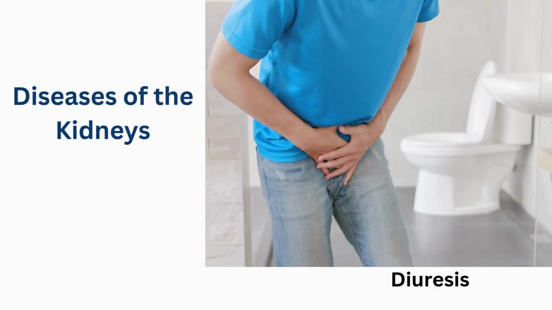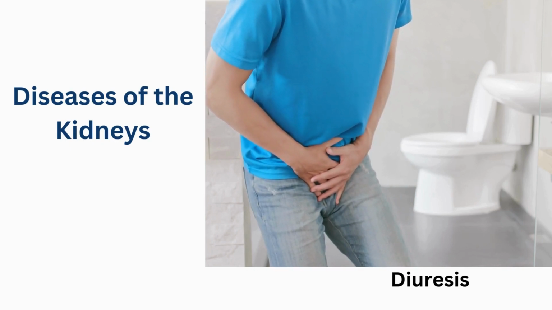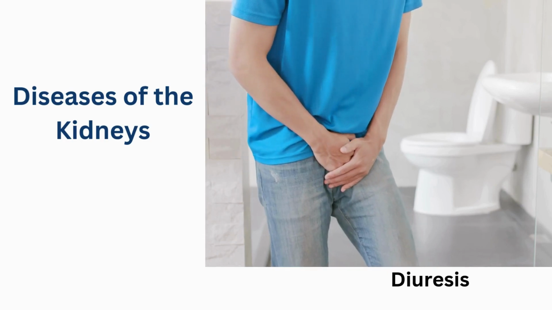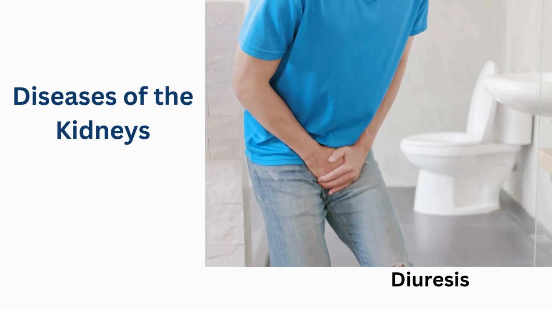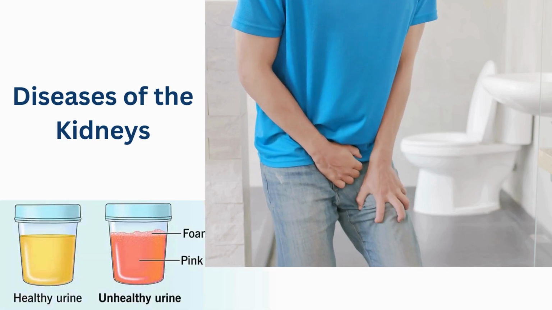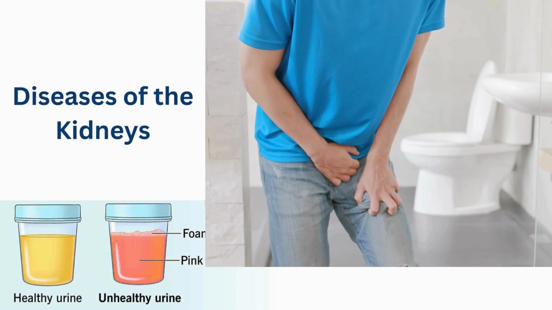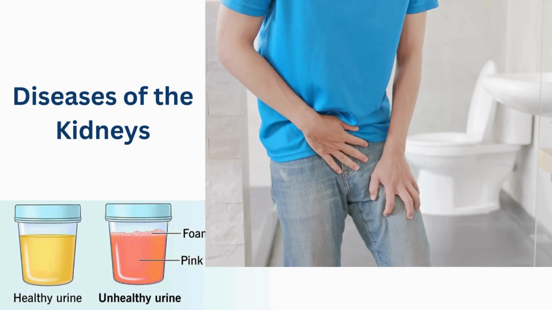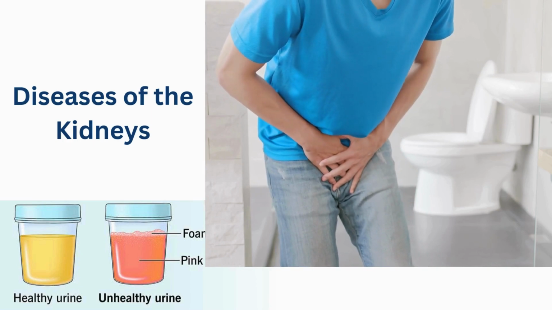Diuresis can also occur in a patient suffering from diabetes insipidus, a condition in which the production of antidiuretic hormone becomes reduced. As a result, less water is reabsorbed and the patient produces a lot of urine, about 5 to 20 liters per day.